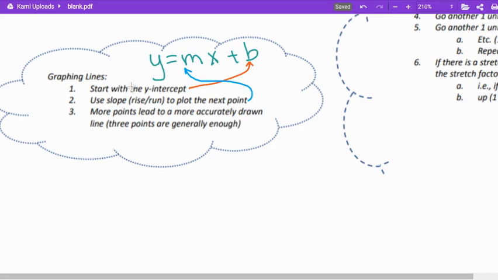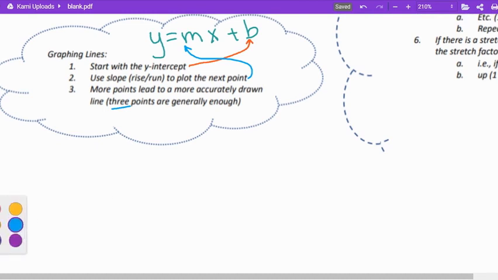So you start by plotting the y-intercept on the graph. Then you use the slope, meaning the rise and the run, to find the next point. Then you can use the slope again to find more points, right? The more points you have, the more accurate your line is. So here it's saying 3 points are generally enough.